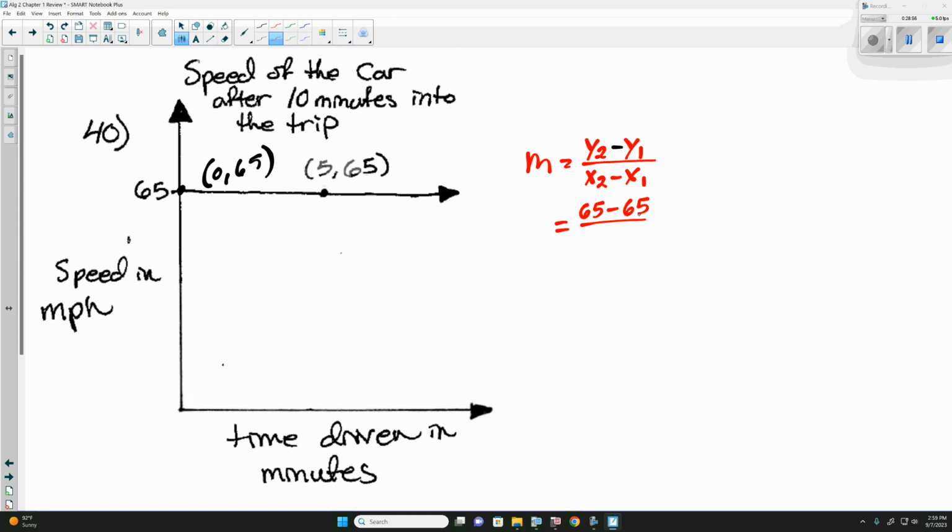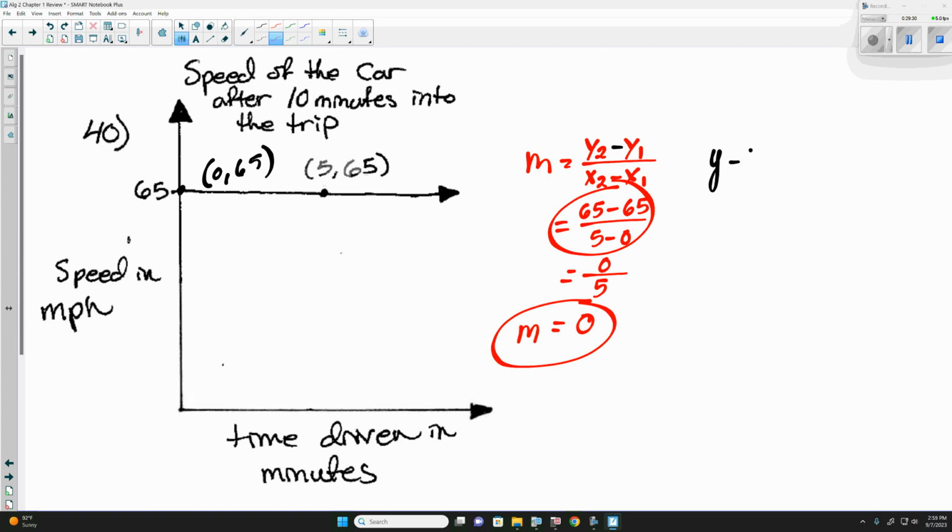If it's 65 the whole time, it's still going to be 65 after 10 minutes. So the slope is 0, because it's not going up or down, it's just going left to right, because it's rise over run. Since it's not going up and down, the slope is 0. The calculator will tell us it is 0.